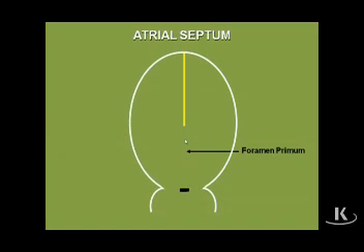Notice that the foramen primum is not a hole in septum primum. It's a region of the atrium where septum primum has not yet grown. Or to put it another way, foramen primum is the space between septum primum and the endocardial cushion. So that means that as septum primum continues to grow longer and longer, by definition, foramen primum is getting smaller and smaller.